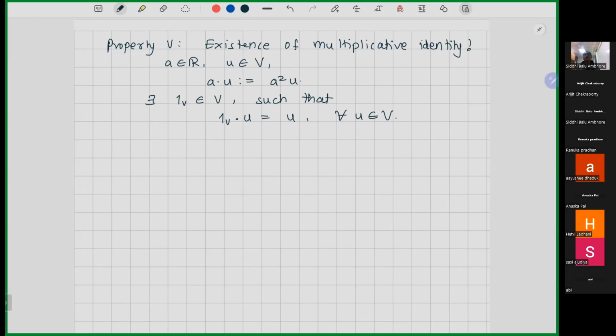Any guess which number from V? Note that our V is the set of real numbers. Which element can satisfy this property?